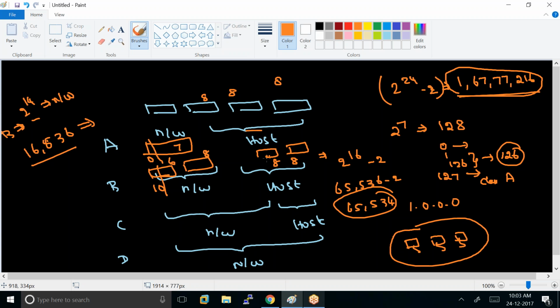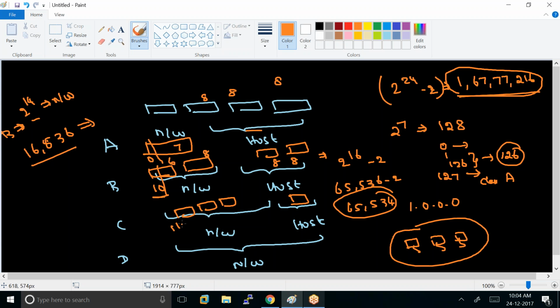How? The last 2 bytes are reserved for host. The first 2 bytes are reserved for network. Out of which the first 2 bits are for identifying to which class the address belongs. Remaining we have 6 bits. Here we are having 8 bits. Then class C, the first 3 bytes are reserved for network, the last byte is reserved for host.